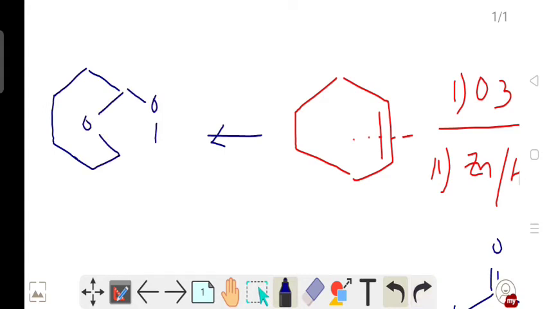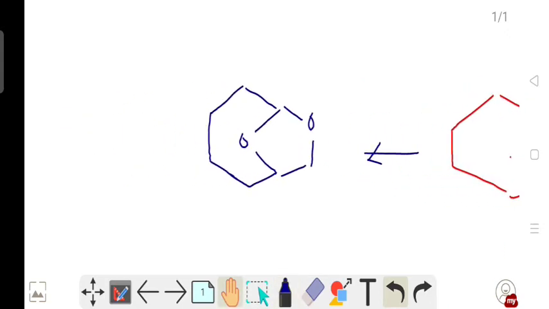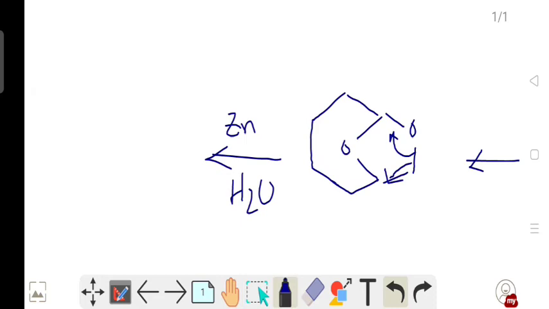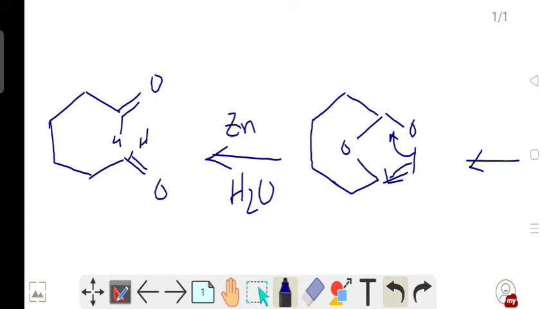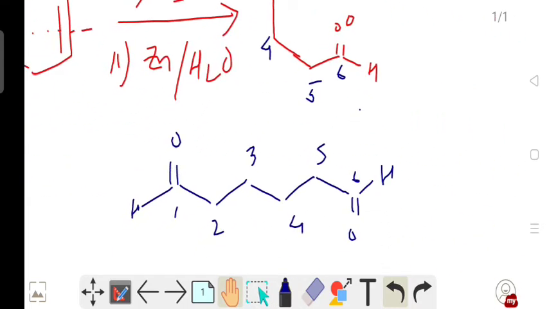This is the ozonide product, and if you use zinc and water here, then this ozonide will break this way, and the final product will be this one: double bond O, double bond O, with one hydrogen here and another hydrogen here. So the product will be the same, but this is the actual mechanism path, while the other is the trick by which you can get the product only. So this is the ozonolysis reaction.